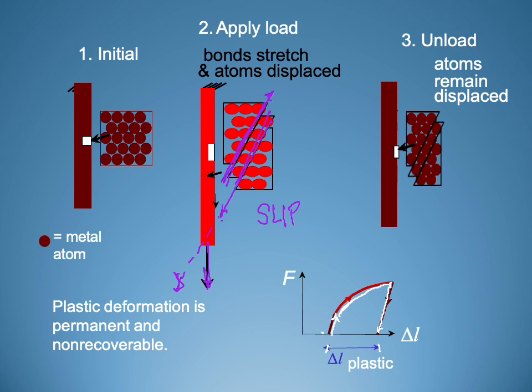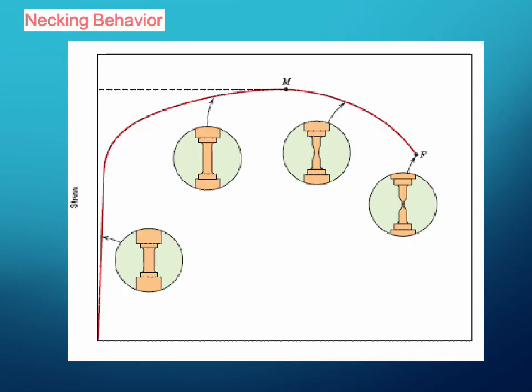All right, last slide is just an image of what the sample looks like during the test. So in the initial linear region, I've got a stretching of this gauge length, but that's it. It's just getting longer. And again, if I remove the stress, it will go back to its original length.